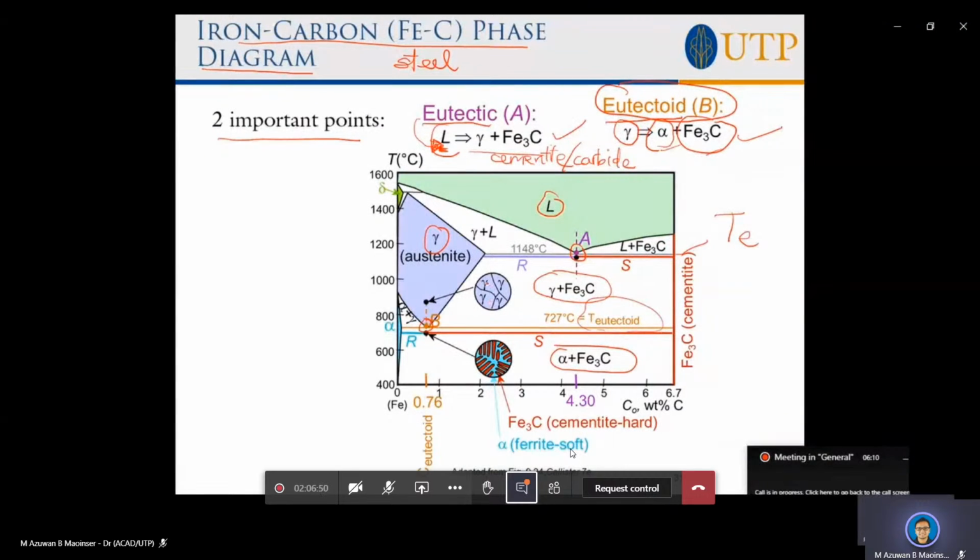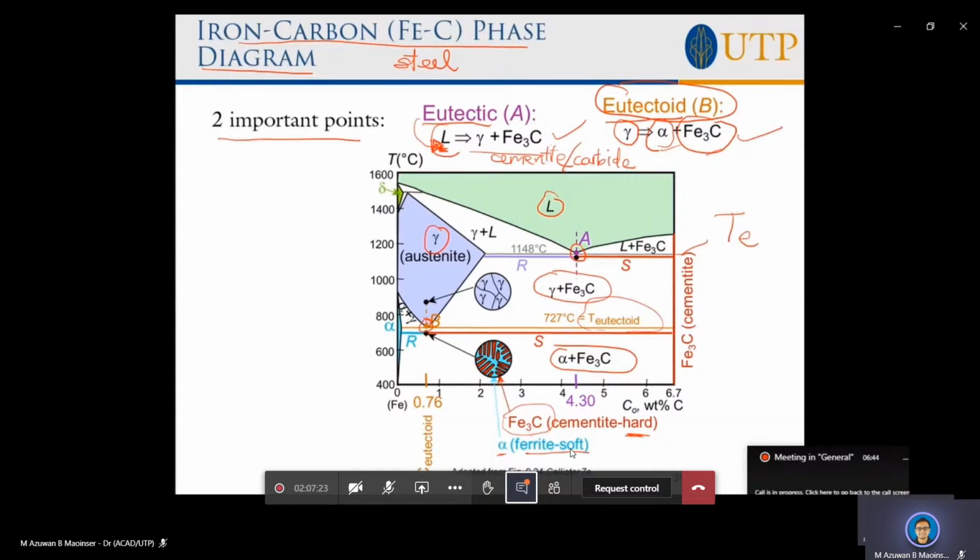So austenite will convert into cementite and alpha alternating layers. So the background, the blue or green color, whatever you see, is actually alpha. This is the softer bit of the microstructure. It's called ferrite, alpha ferrite. And the red one is actually what we refer to as cementite, and this is very hard microstructure. All right, so this is how it looks for eutectoid.